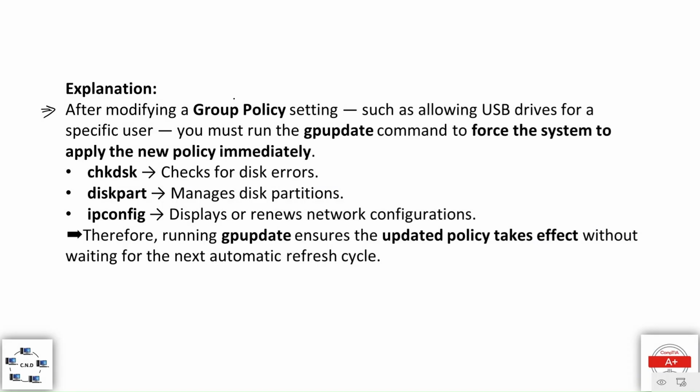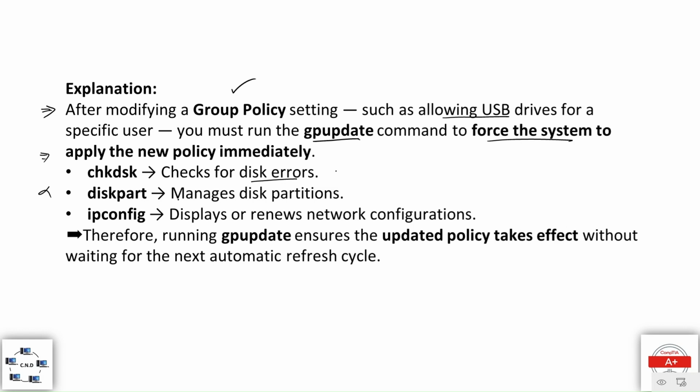After modifying a group policy setting, such as allowing USB drives for a specific user, you must run the gpupdate command to force the system to apply the new policy immediately. Check disk basically checks for disk errors and is not related to this specific scenario.